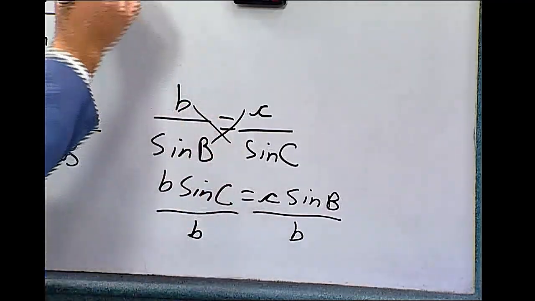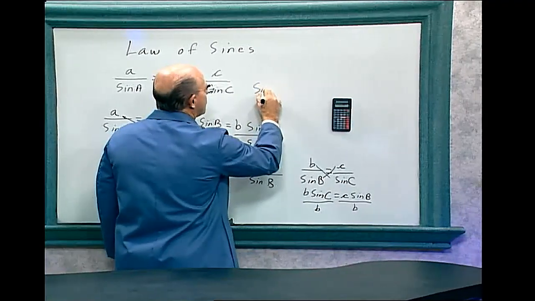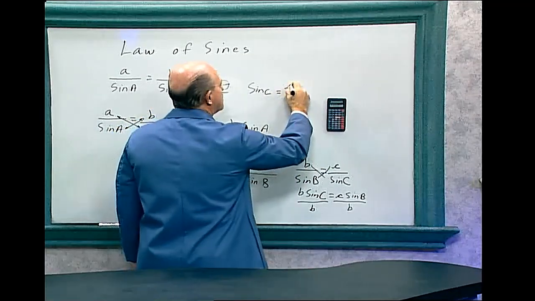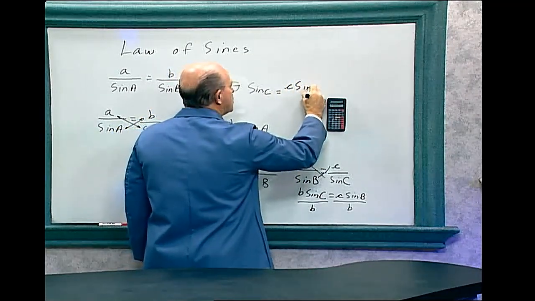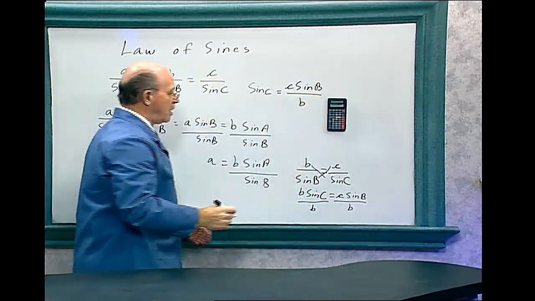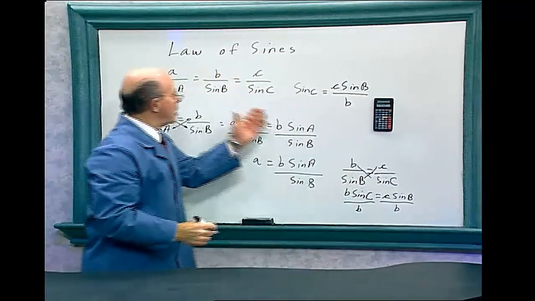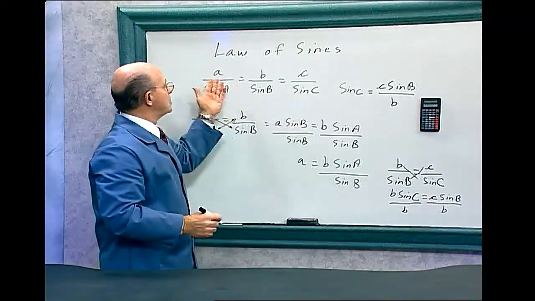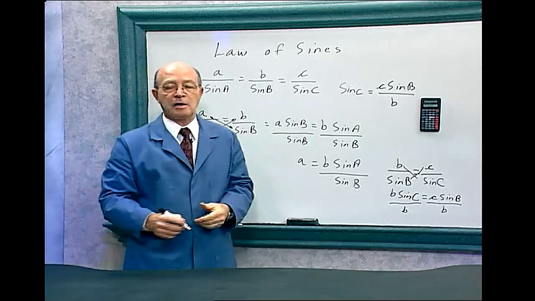And so sine C equals c sine B divided by b. And as you can see, by using the law of sines, you can use that very conveniently to find the sides and the angles of oblique triangles.